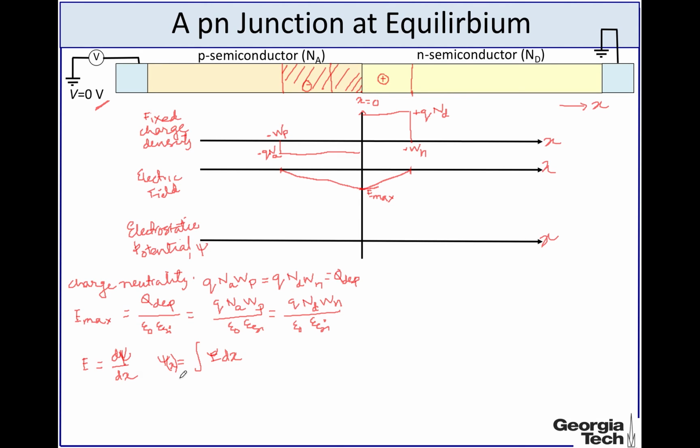If we simply integrate this, we are just integrating E_max as a function of x, and this will look something like this.